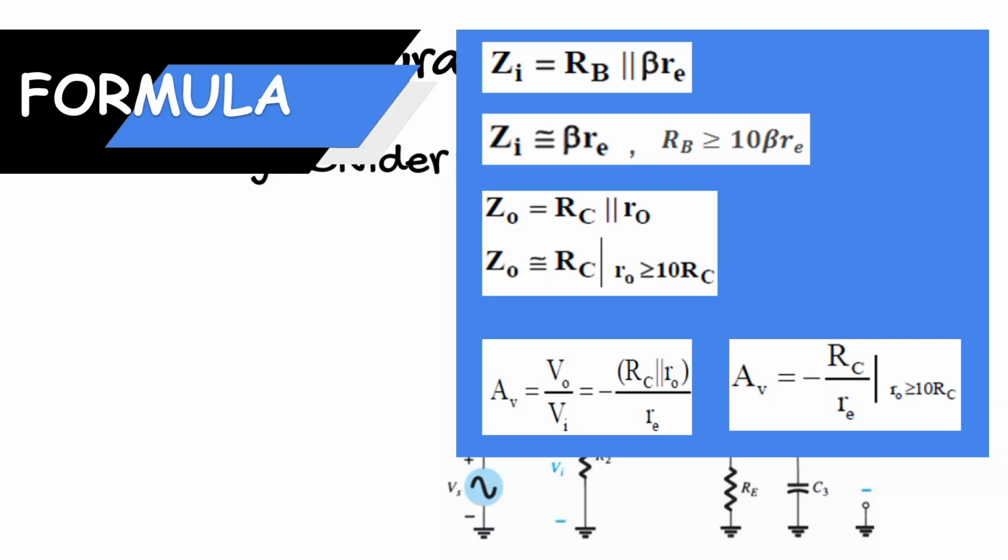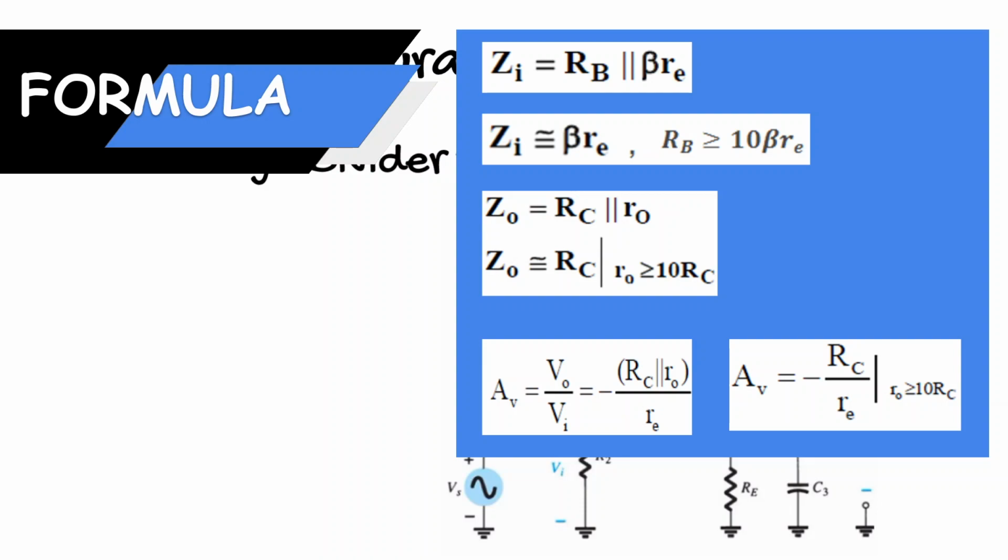For Zi, it is equal to RB parallel with beta re, and Zi can be beta re if it meets the condition that RB is greater than or equal to 10 times beta re. Then Zout equals RC parallel with ro, where ro is the output resistance.